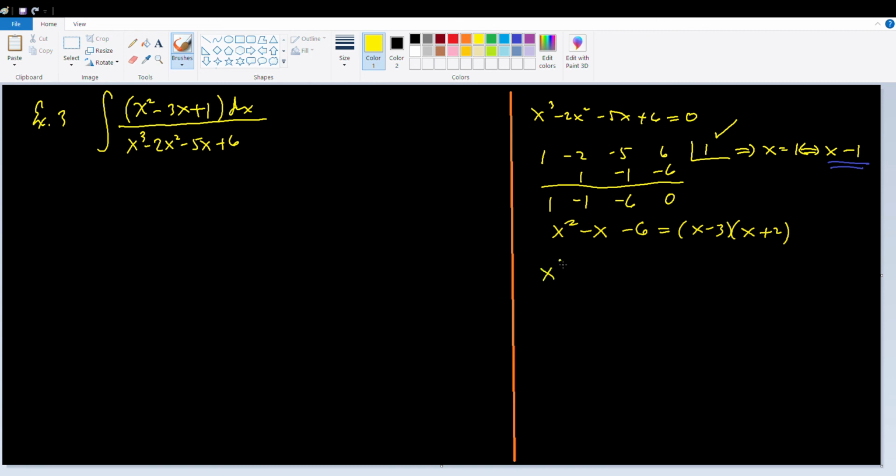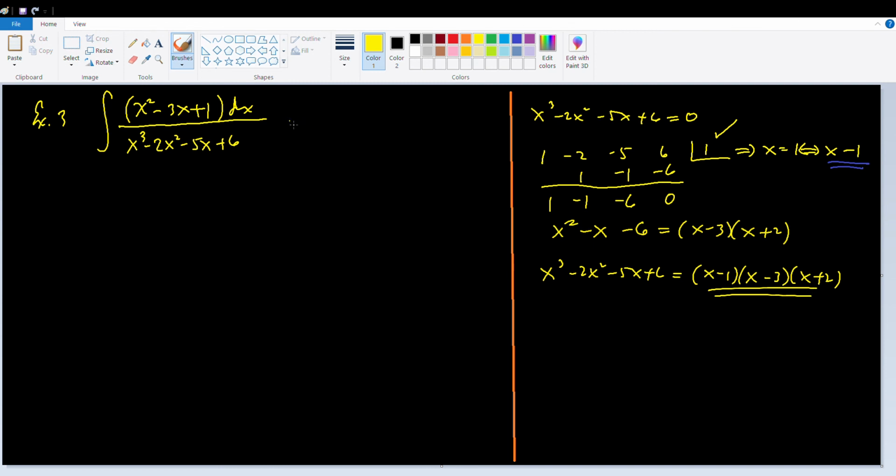So now we know that x cubed minus 2x squared minus 5x plus 6 is equal to the product of x minus 1, x minus 3, and x plus 2. These are the three linear factors of the denominator.